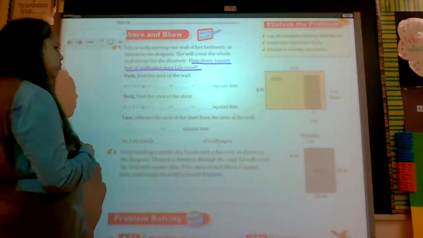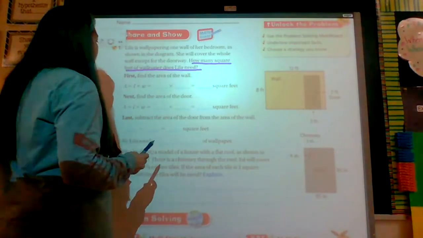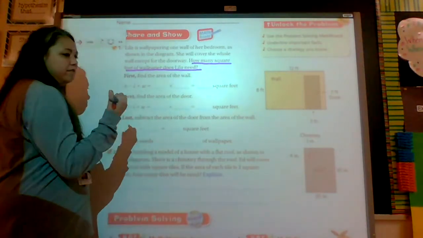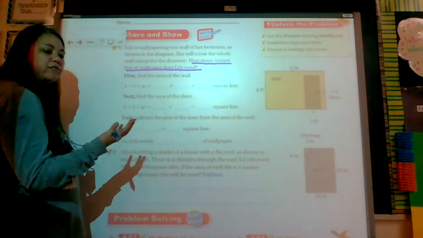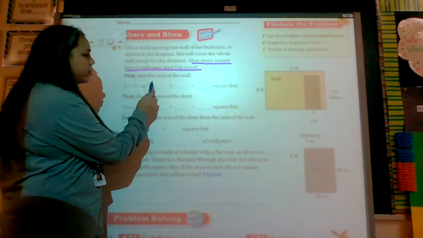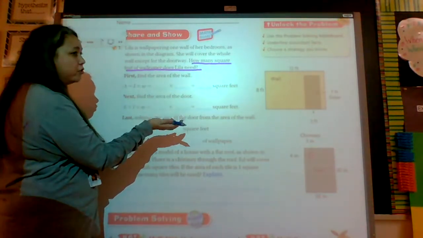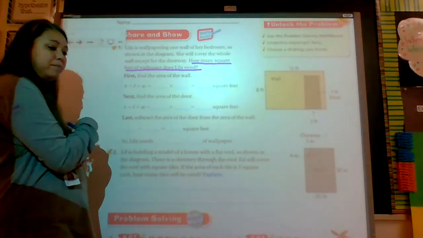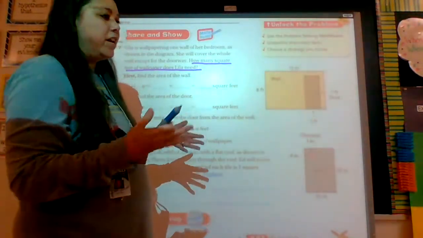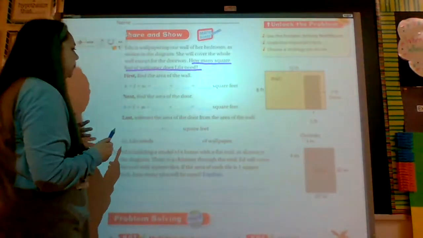So these are really good real world questions here that we would use in our everyday life, especially if you buy something and you want to fix it up. And you don't want to waste money and have a lot of extra left over, or having to go back and buy something bigger when you could have bought it at a cheaper price if you bought more.